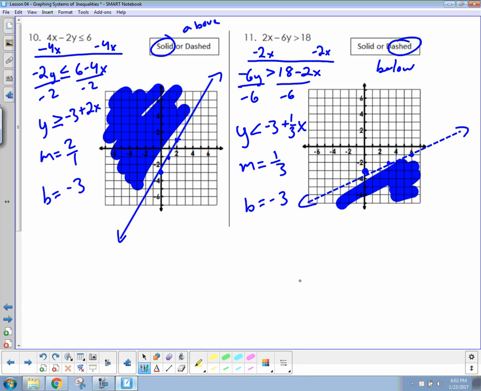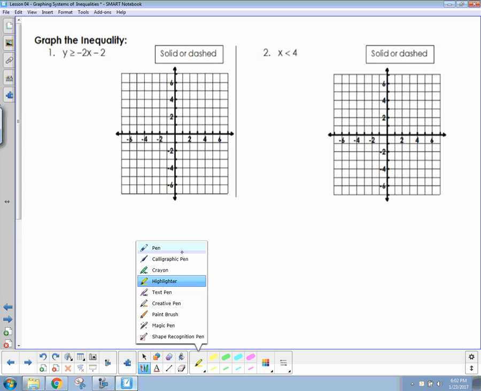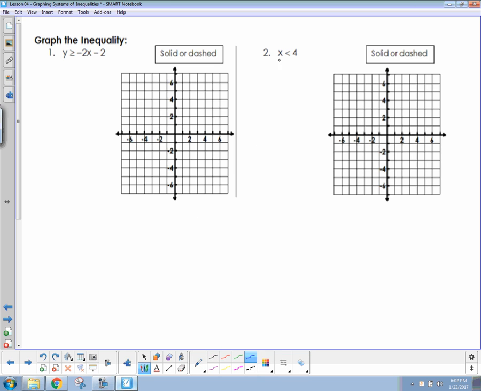All right. I think I want to do number 2 just because it's a little different. Again, that's going to be a vertical line. It's going to be at the 4. Again, there's no line underneath, so it's dashed. And in this case, we want x less than, so we're going to shade to the left.